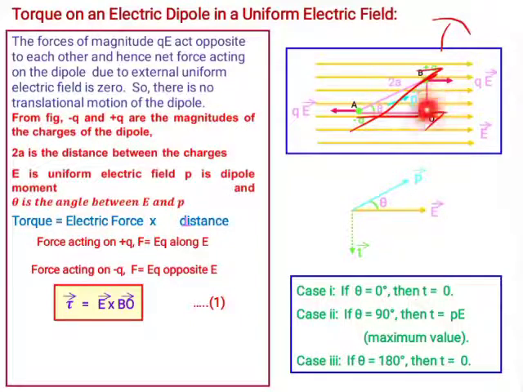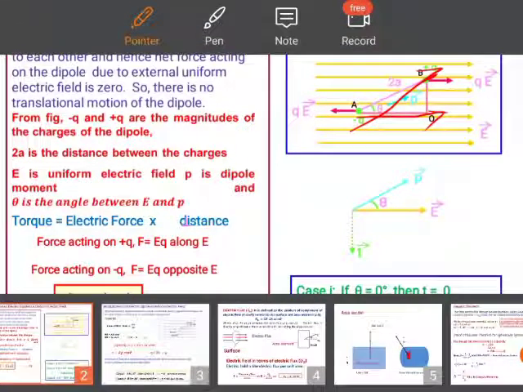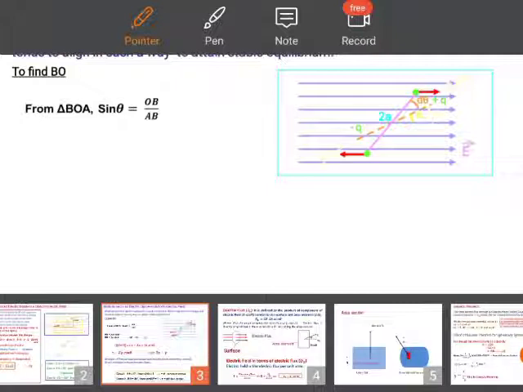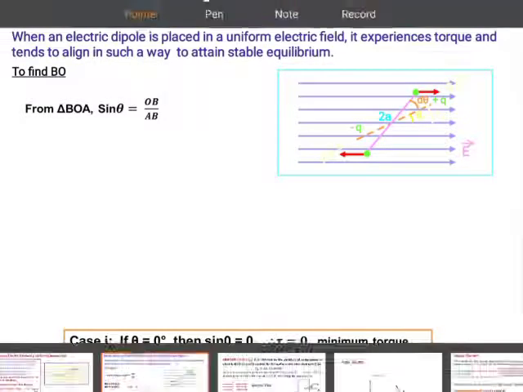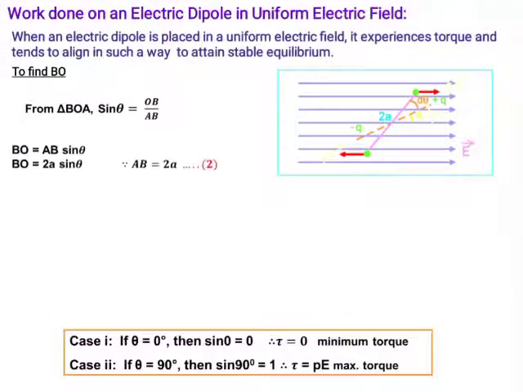OB is the opposite side here and AB is the hypotenuse. Now what is OB? OB, or BO, is equal to AB sin theta. You just cross multiply these two, then we will get the OB value, or BO value, AB sin theta.